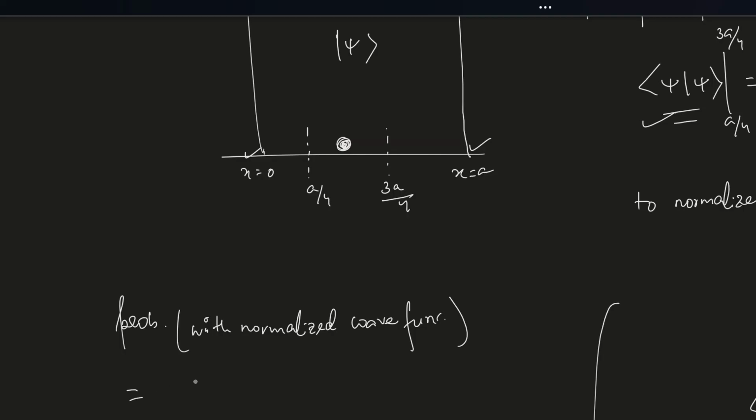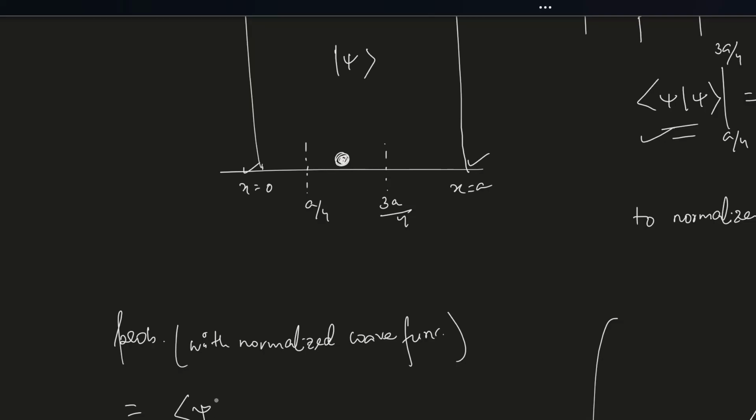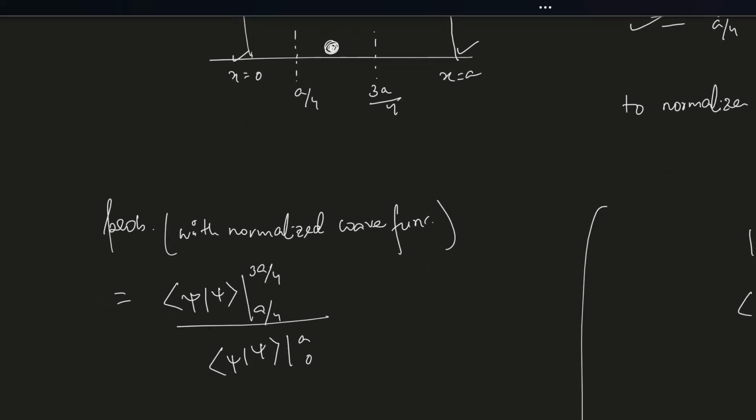So the probability with the normalized wave function psi is the integral over the range on which you have been asked to calculate, divided by the actual normalization from 0 to A. So the top one will be from A by 4 to 3A by 4, and psi star psi dx is sine squared pi x by A, and there was e to the power of minus i omega t, which becomes e to the power i omega t times e to the power minus i omega t.